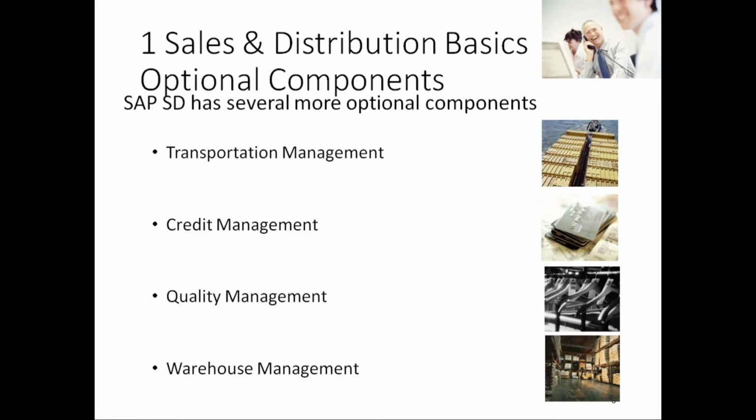So you can store the stock not just at a location, but track it in a much deeper way. In warehouse management, you will know in which bin, in which area the stock is there, and from where the stock has to be picked to deliver to the customer. That is what happens in warehouse management.